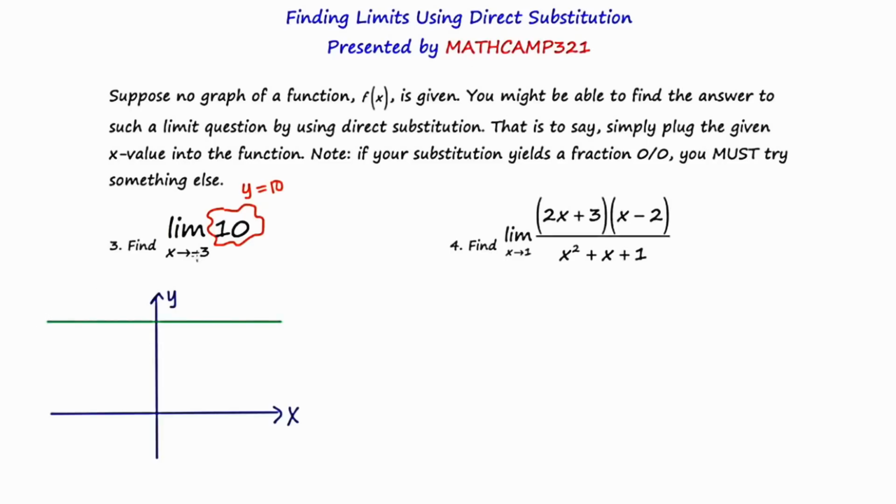I'm going to go back to the graphic perspective from the first lesson, which is to look at this x value at negative 3, which might be maybe over here, and then project up, and jump to the left and approach, and jump to the right and approach, and ask yourself, what y value am I approaching from the left? What y value am I approaching from the right? And as you may have guessed, the answer is 10.